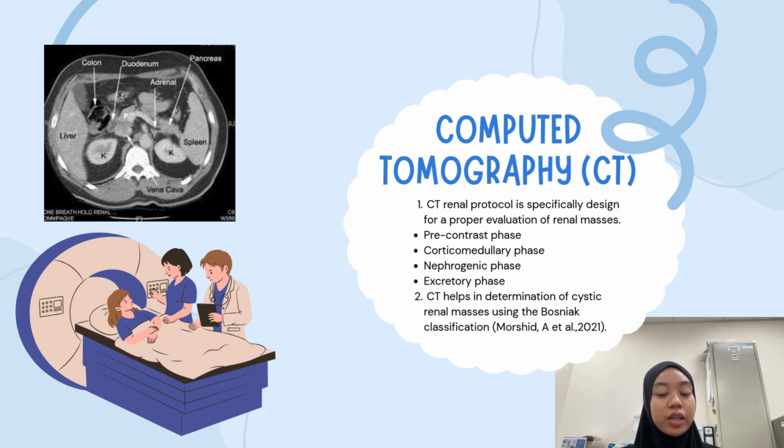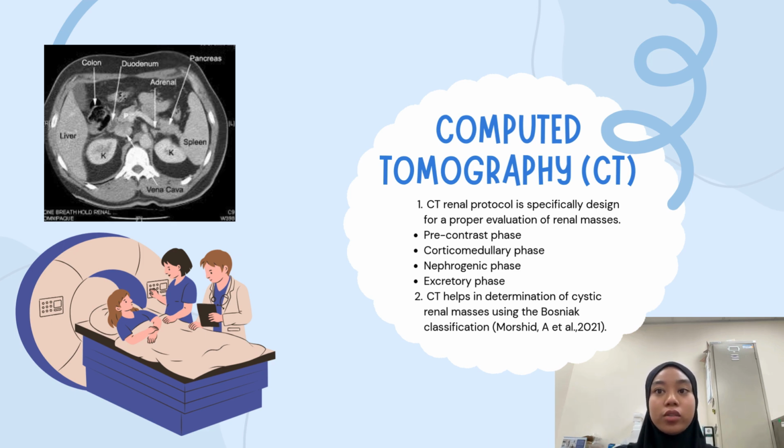We have the CT renal protocol, which allows better evaluation of the renal tumor, involving 4 phases. The first phase is pre-contrast, where the image detects hemorrhage, calcification and fat, and also provides a baseline for comparison to the post-contrast image.